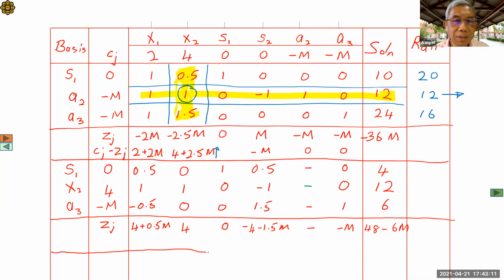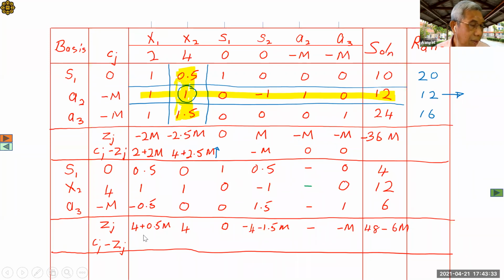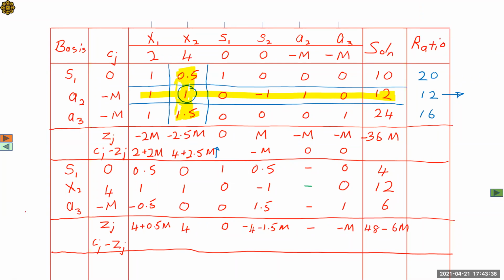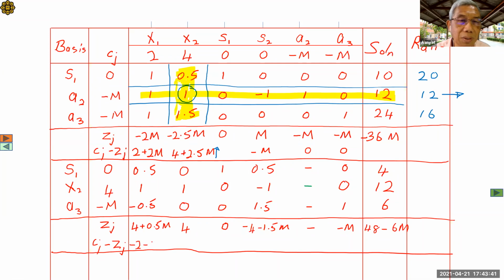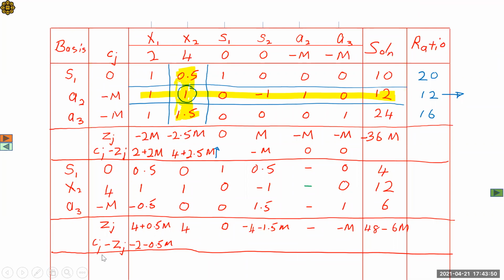Let's find the net evaluation row, Cj minus Zj. 2 minus 4 plus 0.5 m, negative 2 minus 0.5 m. Okay, negative 2 minus 0.5 m. 4 minus 0, 4, 0.